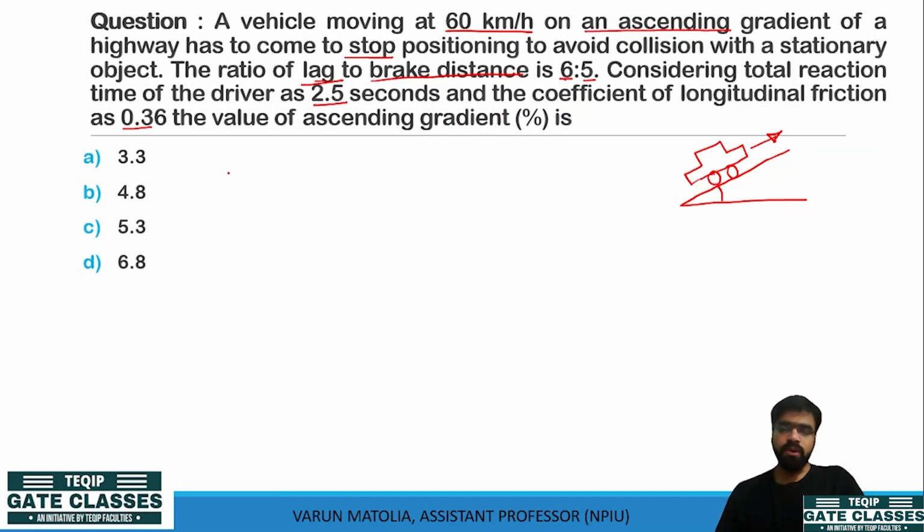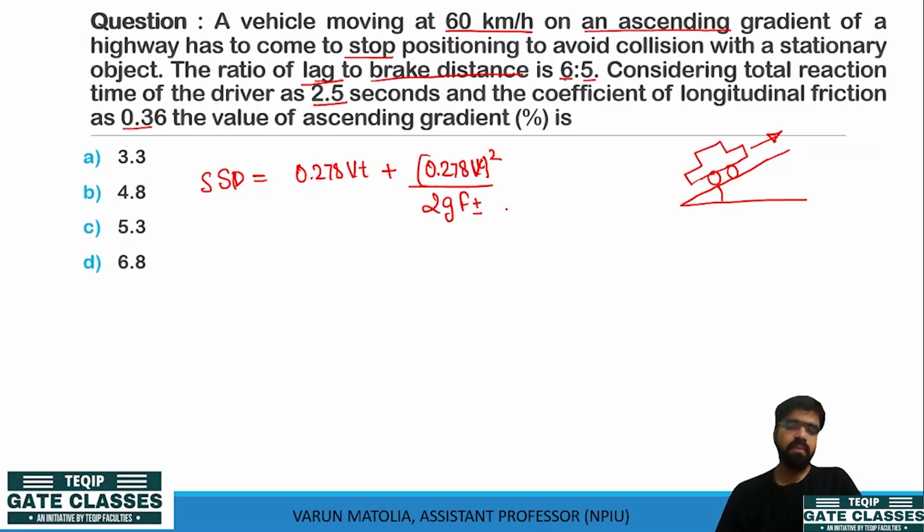Fine. We know that SSD equals 0.278 Vt plus 0.278 V square by 2g, F plus or minus n%, minus is when it is a descending gradient.